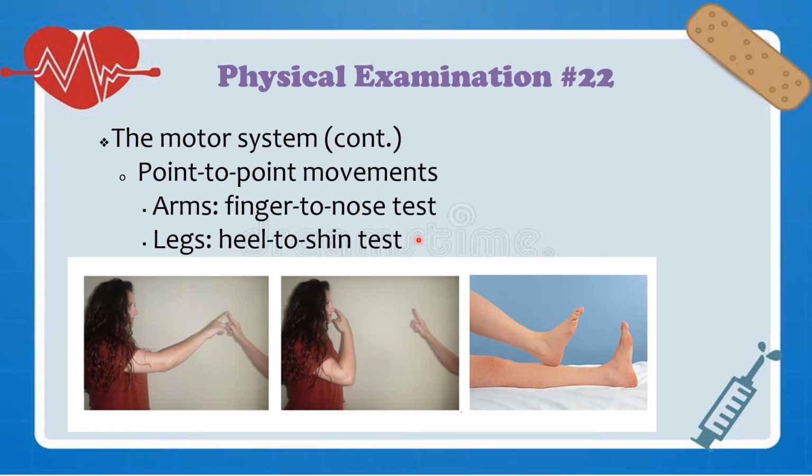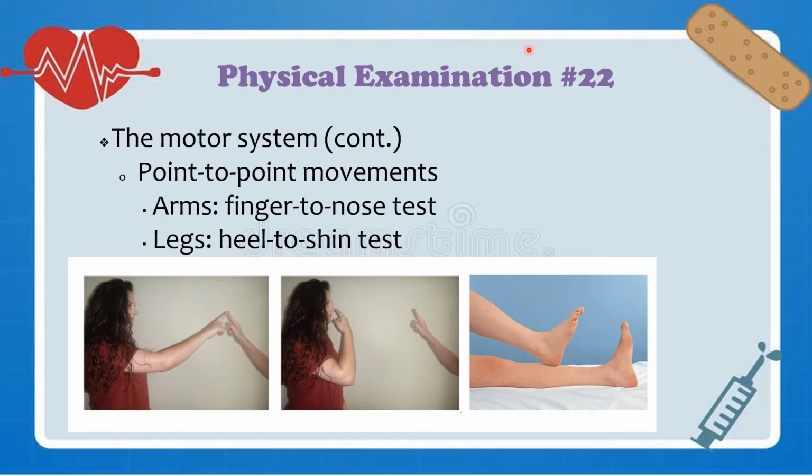Another way of assessing the motor system is by point-to-point movement. For the arms, we have the finger to nose test, and for the legs, we have the heel to shin test. For the arms, instruct the patient to touch your index finger and then his or her nose alternately several times, and then move your finger about so that the patient has to alter direction.